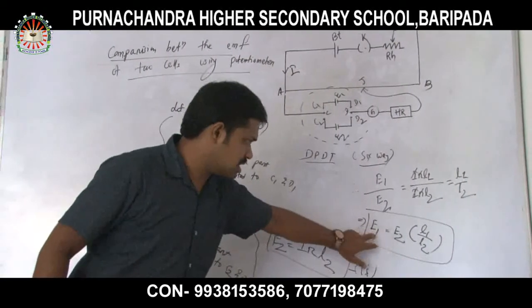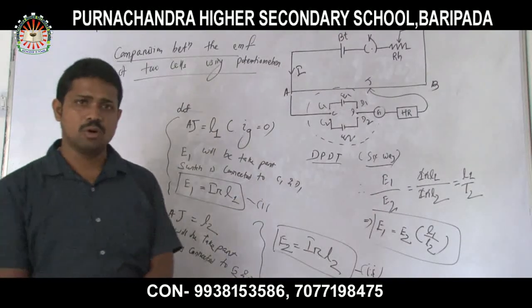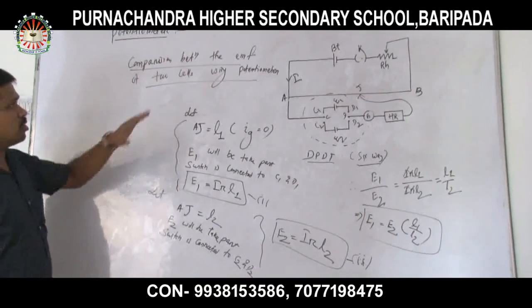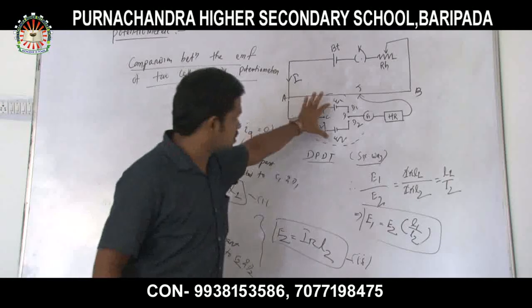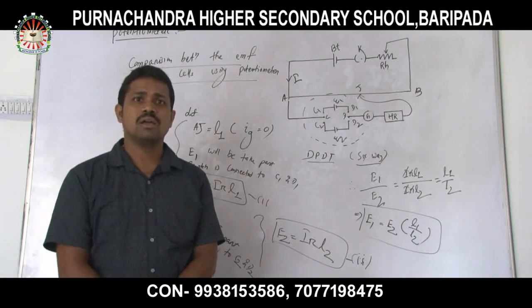If E1 is unknown, this is the formula; if E2 is unknown, just find it out similarly. Clear all of you? So this is the process by which we can use the potentiometer to compare between the two cells, E1 and E2. Clear all of you students? Okay. Have a good day.